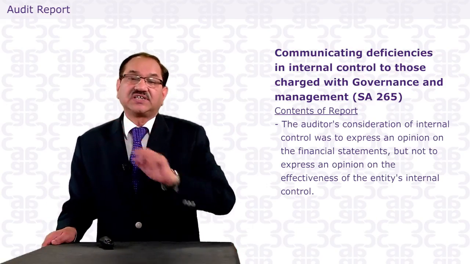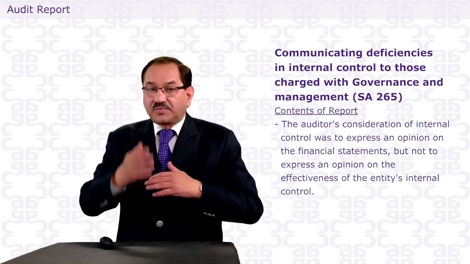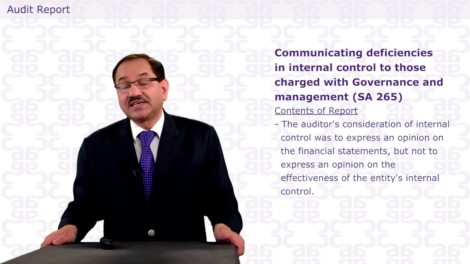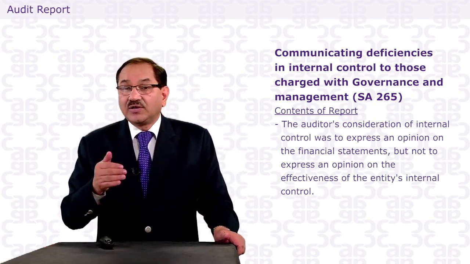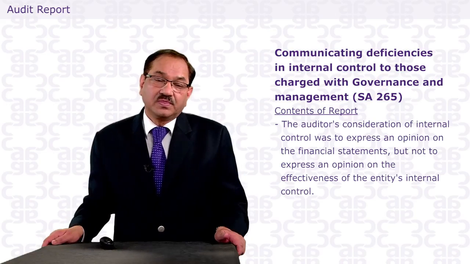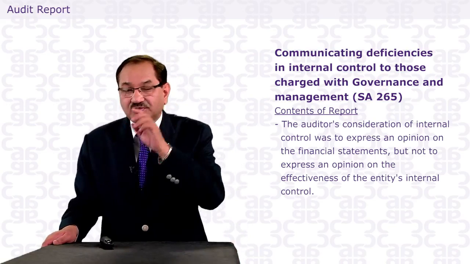That was not our objective in designing this audit process. But during the audit process, we came to know the significant deficiencies in internal control, and we thought that it would be a matter of interest to you as the person in charge of governance, and that's why we are reporting it. So this should be written in the report.